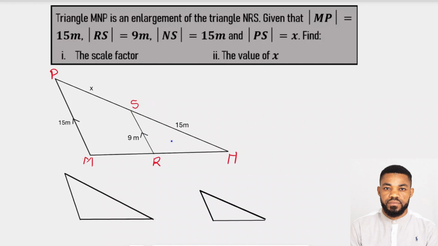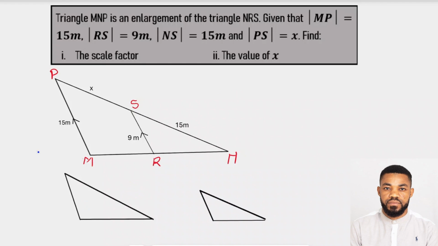But we can see that they've all been merged as one. So the triangle NRS, which is the smaller one, is found in the bigger triangle. If you don't separate the two triangles, if you're not careful, you'll not be able to identify the corresponding sides. And we know that when it comes to scale factor, we don't joke with corresponding sides. We make use of the corresponding sides. So that is why I've drawn the triangles here.